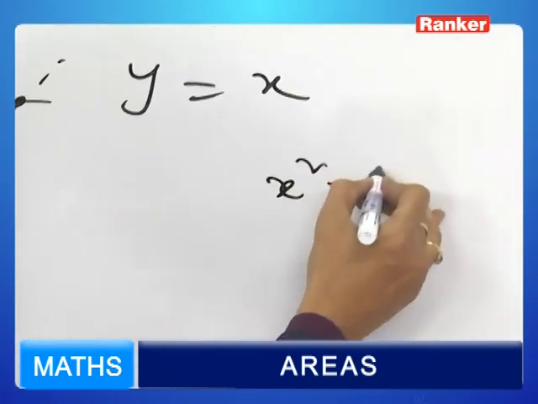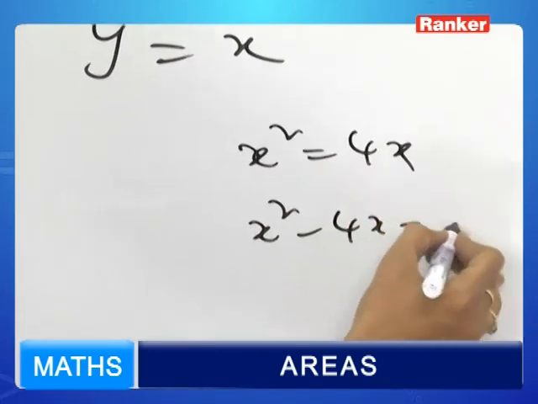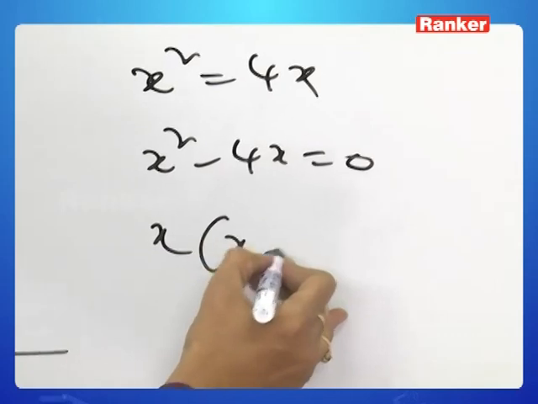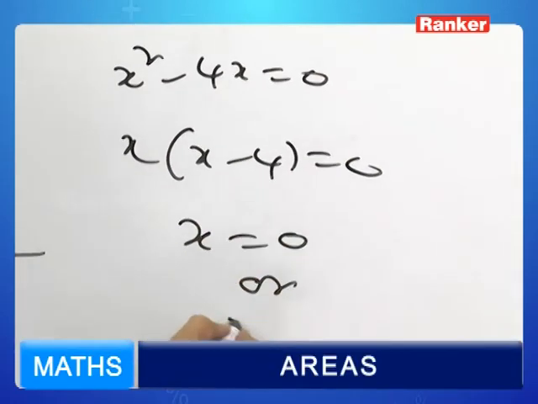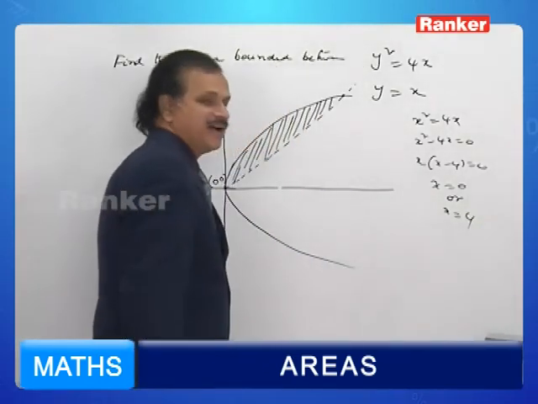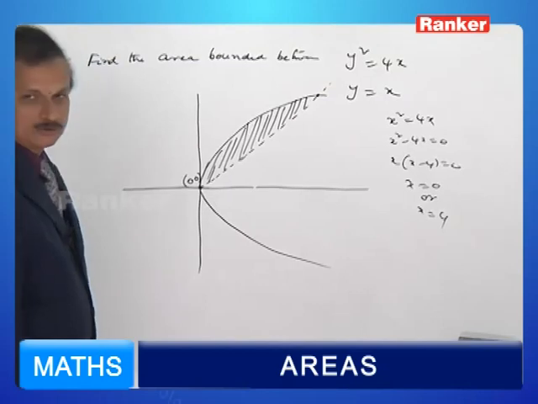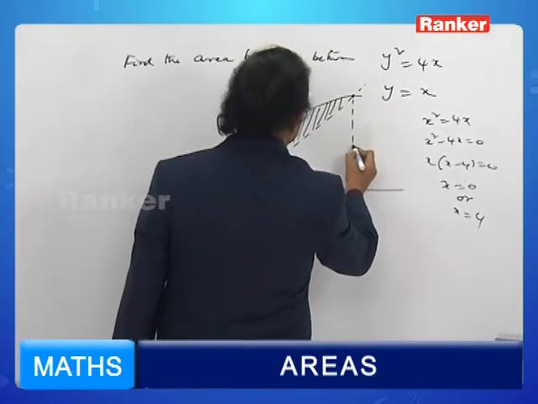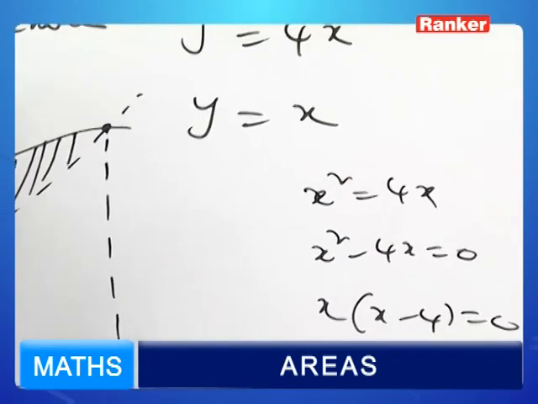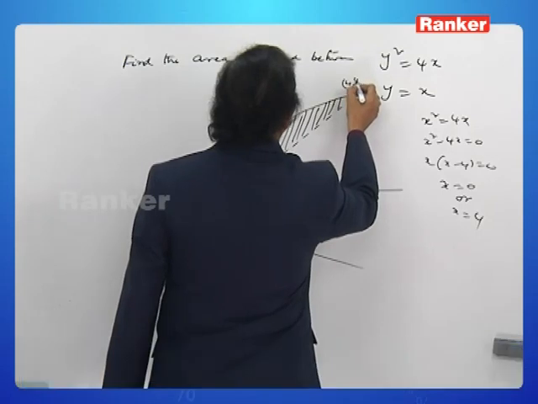That is x square minus 4x is equal to 0, that is x into x minus 4 is equal to 0. So x is equal to 0 or x is equal to 4. So the points of intersection of these two curves are 0, 0 and 4, 4. Therefore, this is 4, 0. And this point is 4, 4.